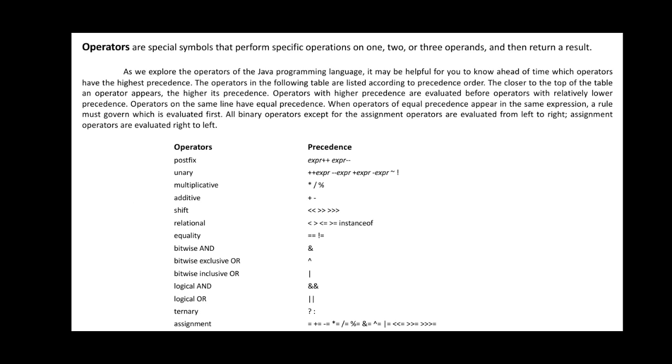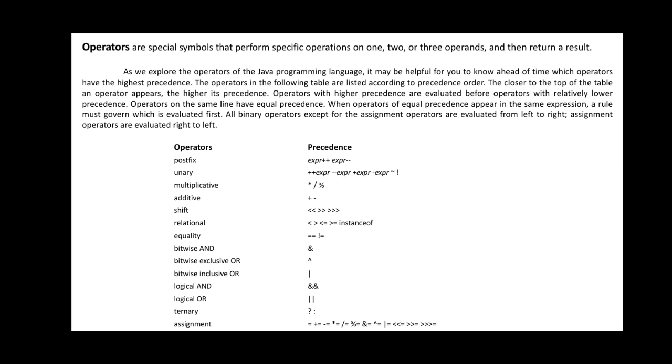Postfix is nothing but the increment operator, double plus, double minus, increment or decrement operations. Then you have the unary operator, which can be defined with a prefix expression or a postfix expression, or a plus expression, minus expression, or a tilde operator.